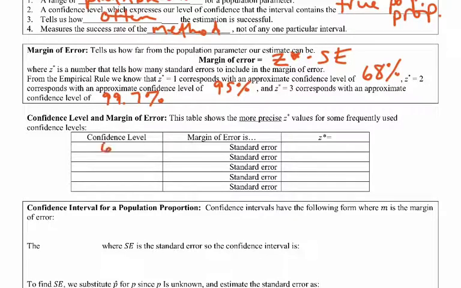So a 68% confidence level corresponds with 1 standard error or Z star value of 1. An 80% confidence level, now when we talk about the empirical rule, we don't usually include 80%, but we could if we wanted to. It would be 1.28 standard errors out, or a Z star level of 1.28.